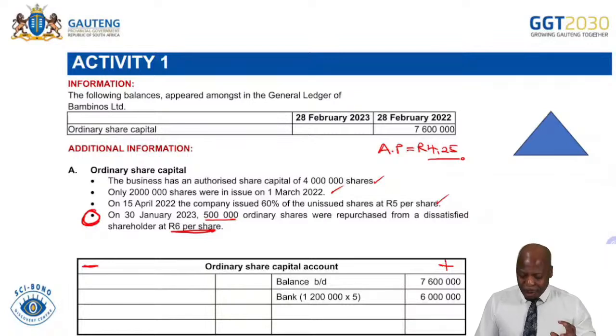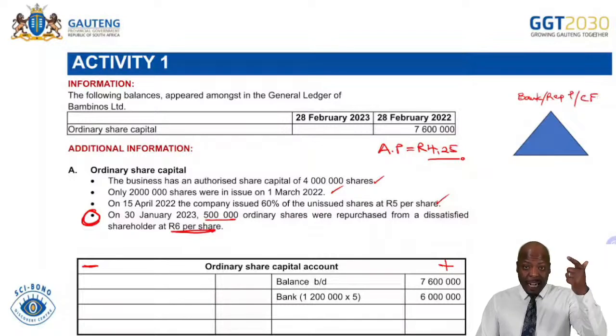On this triangle, there are several names that can be used. I'm going to use just a few. The top of the triangle, we'll call it the bank. Others call it the repurchase price, or the cash flow amount. So I'm just going to use these three terms: bank, repurchase price, cash flow amount.